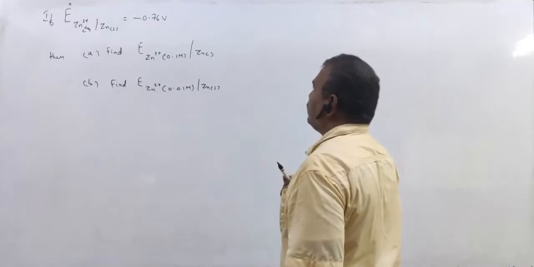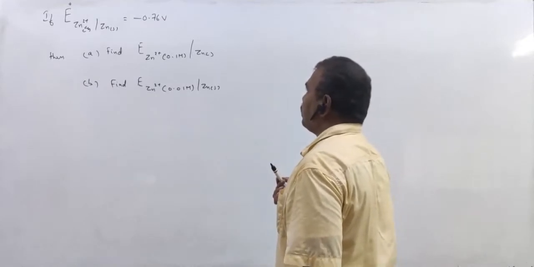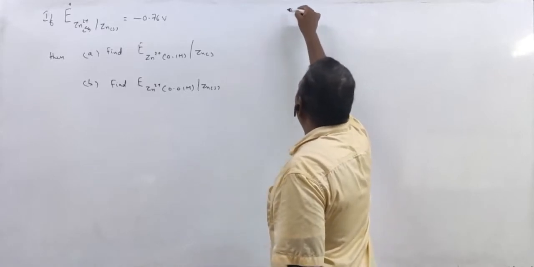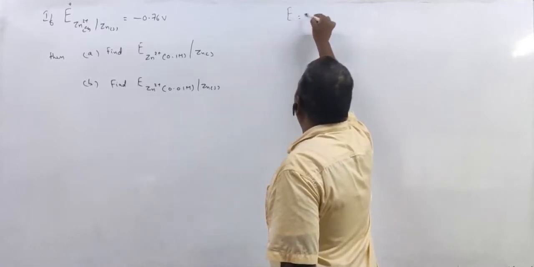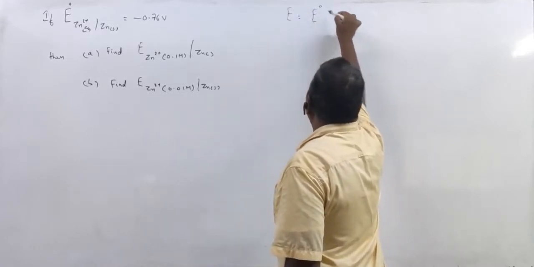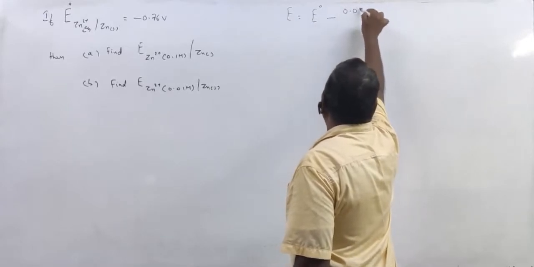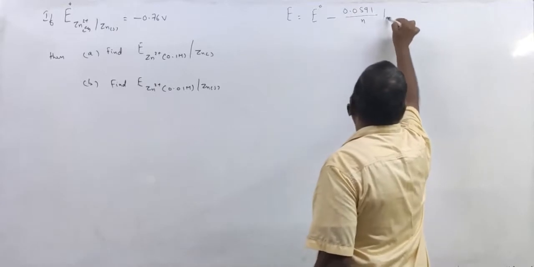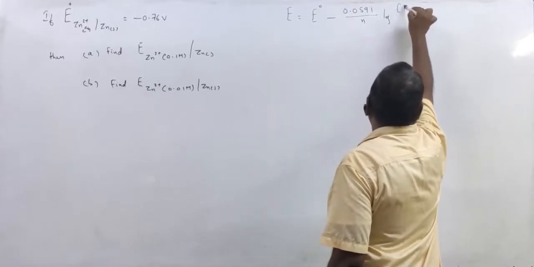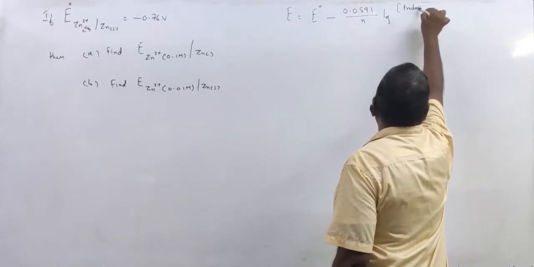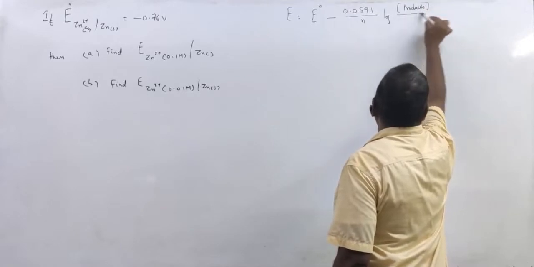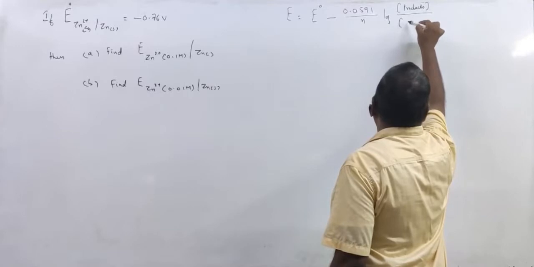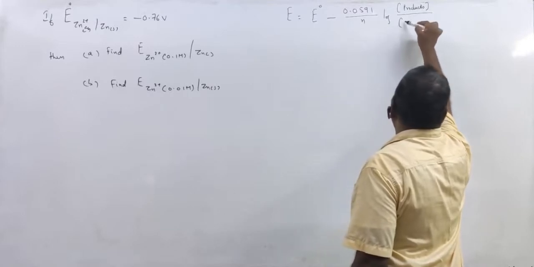Now recall the procedure to find the electrode potential of electrodes by using the Nernst equation. E is equal to E naught minus 0.0591 by n log of the product of active masses of products by the product of active masses of reactants.